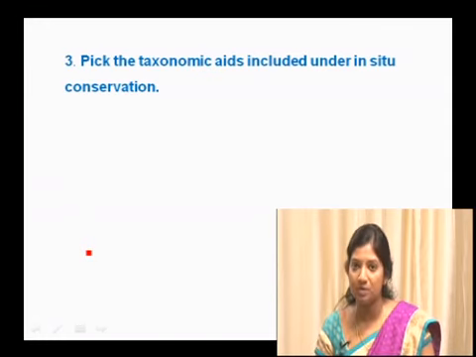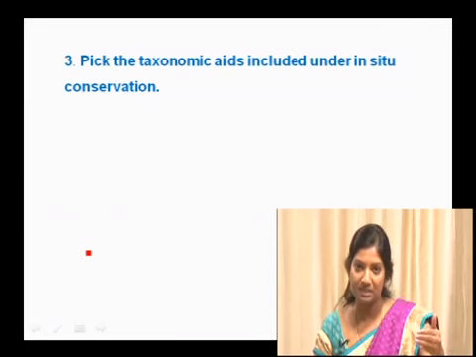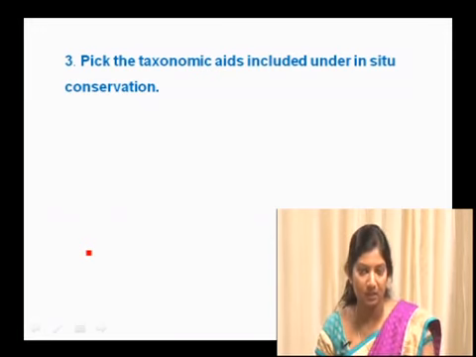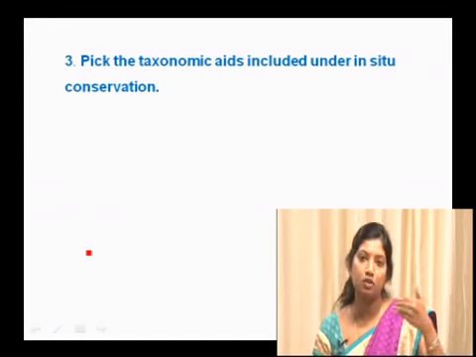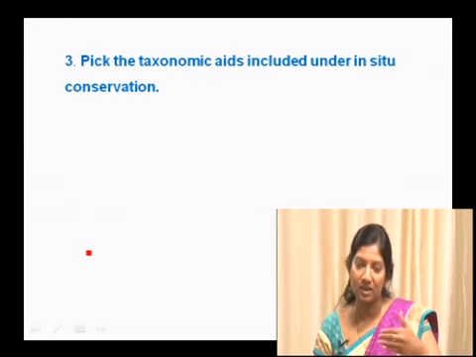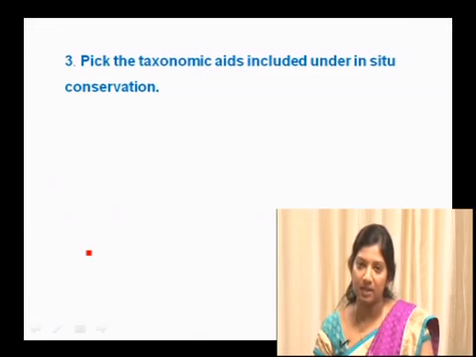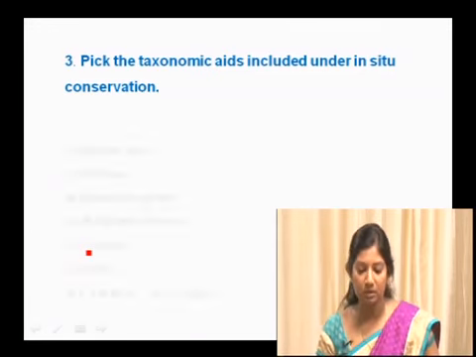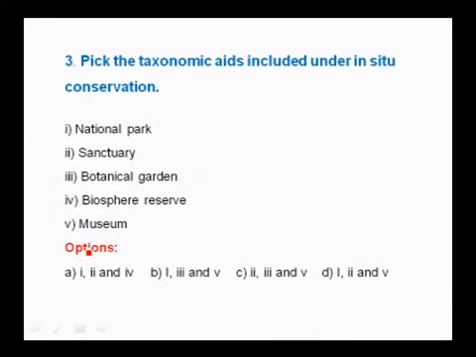So there are two types. In its habitat itself is called in situ, on site, wherever it is present. Ex situ, they are taken to man-made habitats or to other places where they can be conserved. With this information, let us see the options: national park, sanctuary, botanical garden, biosphere reserve and museum.